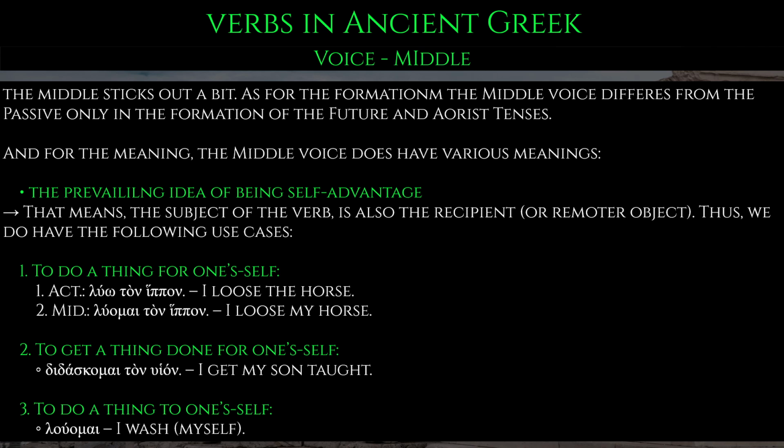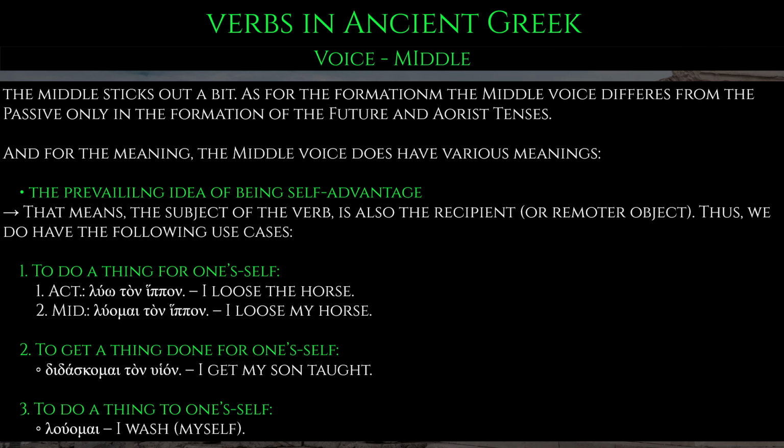First, to do a thing for oneself. For example, in the active, lyo ton hippon, I loose the horse. In the middle, lyomai ton hippon, I loose my horse. And the my horse is being implicated by the usage of the middle. Second, to get a thing done for, you guessed it, oneself.